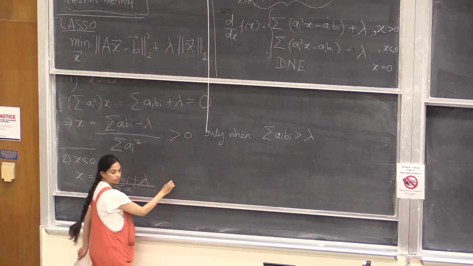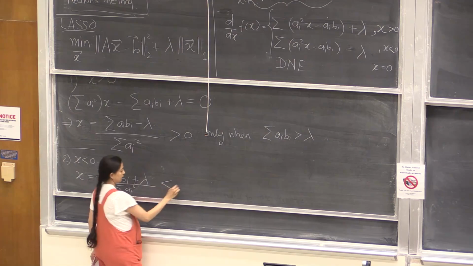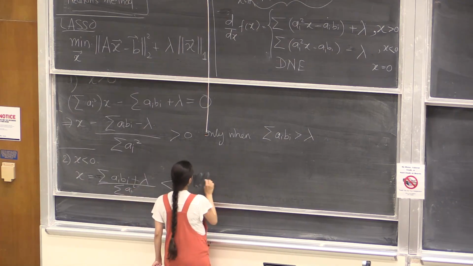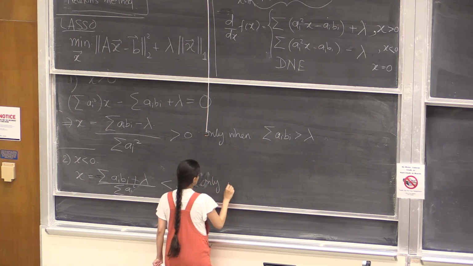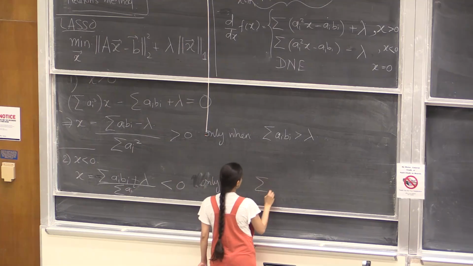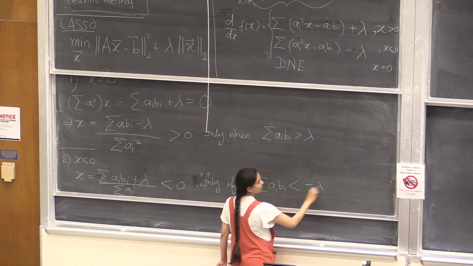And now what do I need this to be? Do I need this to be positive or negative to verify my case? Negative. So this implies that this is only true when sigma ai bi is less than minus lambda.